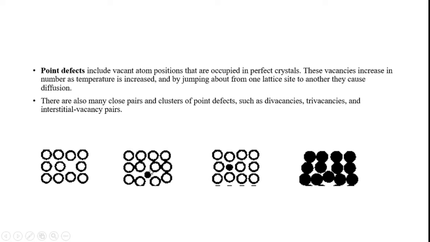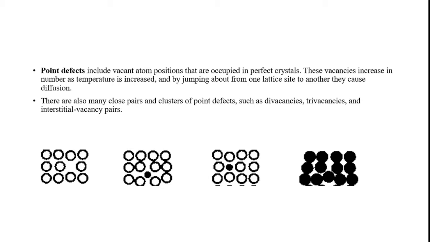Here the second diagram shows the interstitial vacancy and the third diagram shows a substitutional vacancy. So interstitial and substitutional point defects are also available in crystal structure. And the fourth one: a foreign atom entering the crystal structure also develops some defects. These are all the defects available with the crystal structure.